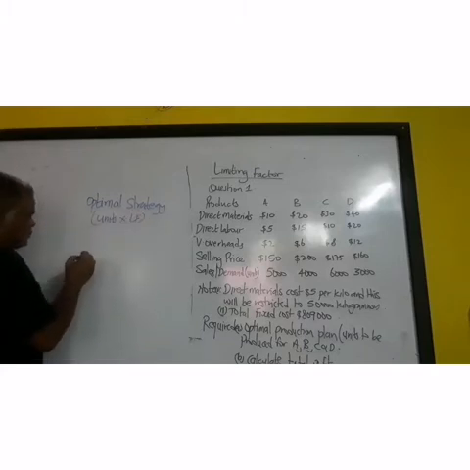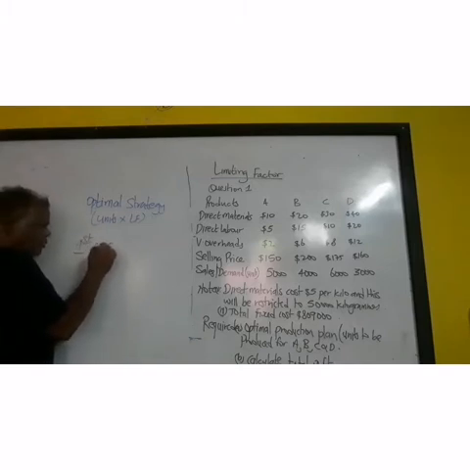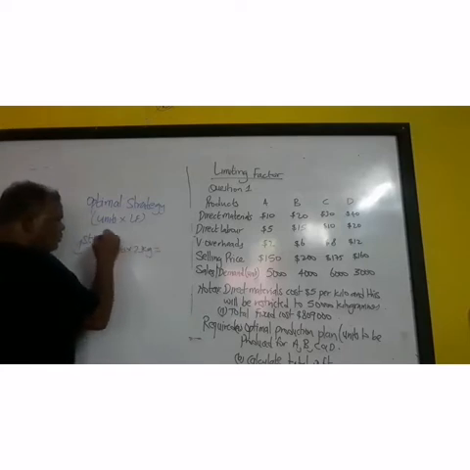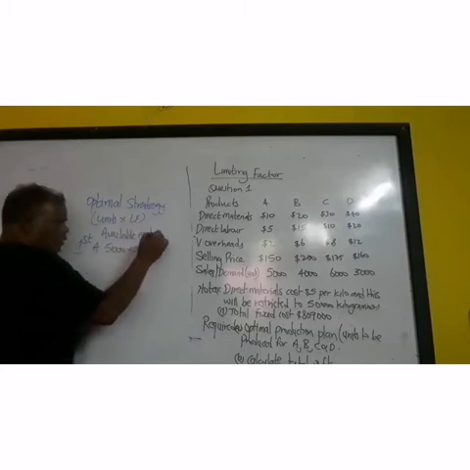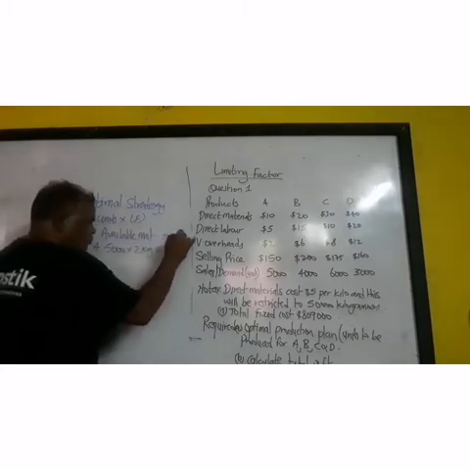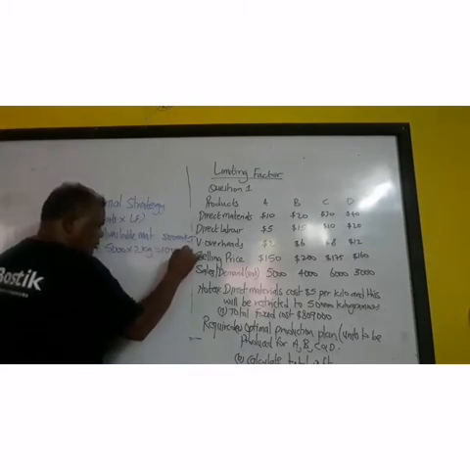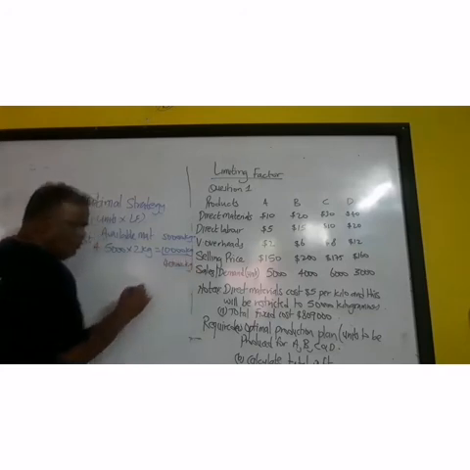First we produce A: 5,000 times limiting factor 2 kilogram. Available materials, we have 50,000 kilograms. For A we will use 10,000 kilograms, so 40,000 kilograms will be left.